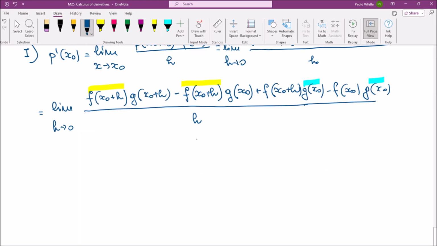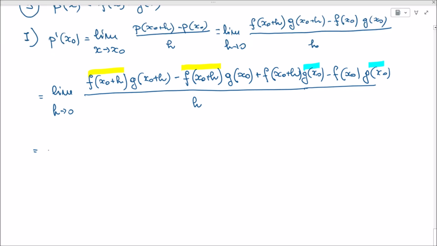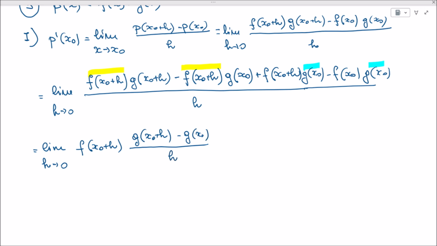Let's see what we get. So this becomes now limit h goes to 0 of, we have f of x naught plus h, which is now a common factor, times g of x naught plus h minus g of x naught divided by h.